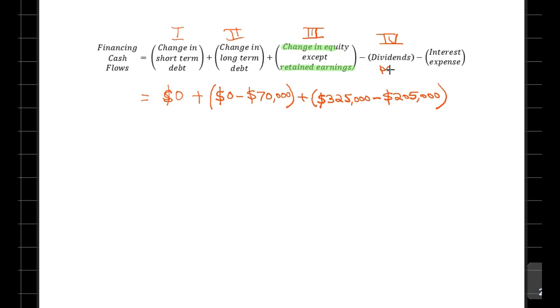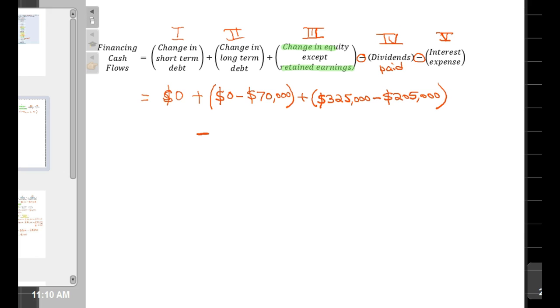Now we are at the fourth piece, dividends paid. Let's revise our formula to make sure it is dividends paid, and let me continue from the second row here. I will make sure not to forget the minus signs for dividends and interest expense. Interest expense would be our 5th item. Dividends first. For dividends, we need to look into our income statement.